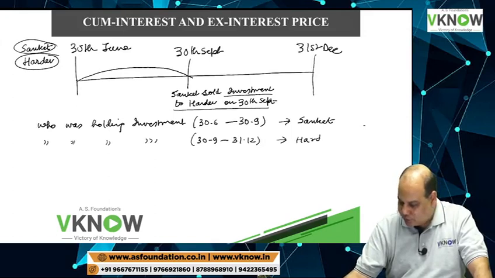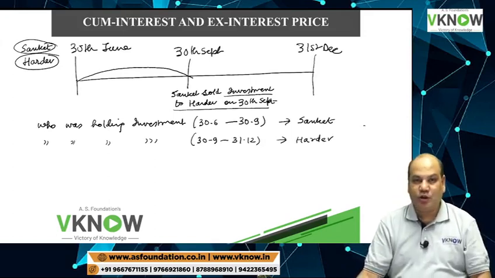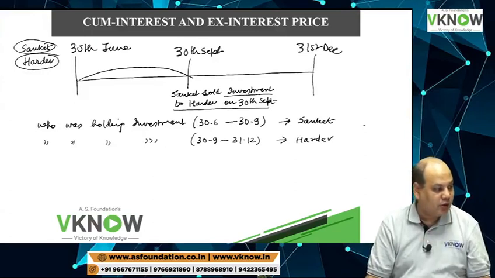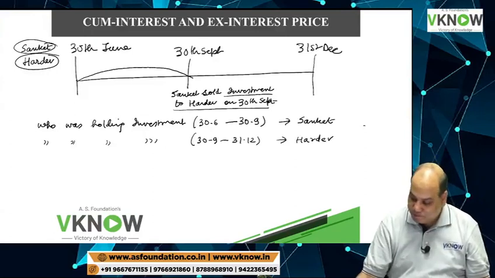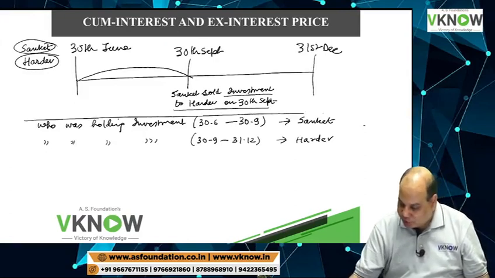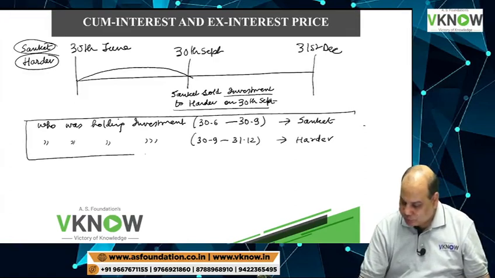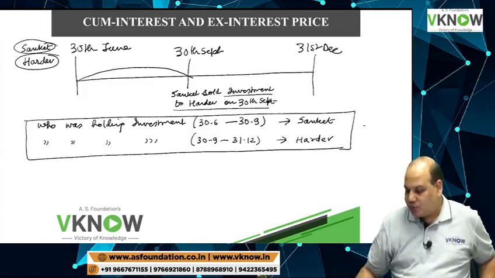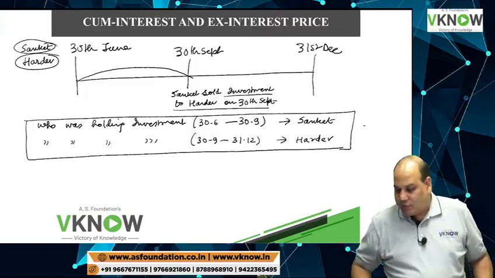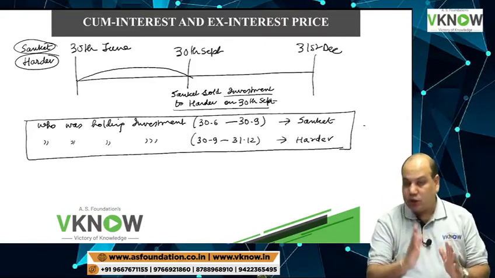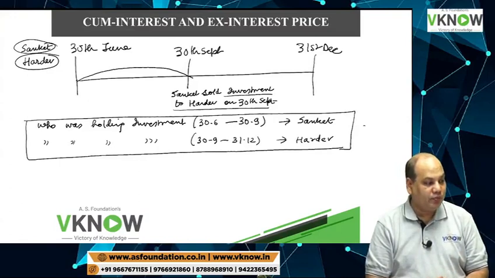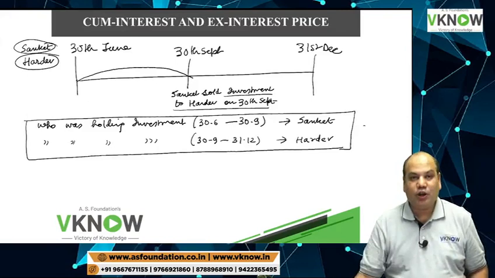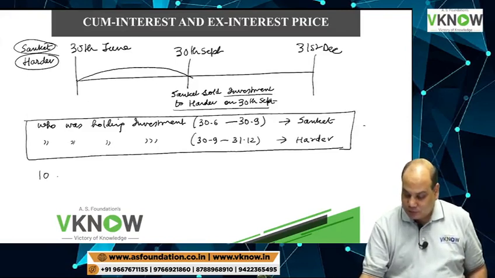So your answer will be Hardev, assuming Hardev has not further sold and is still holding the investment. Okay. These 2 points, have you understood? From 30th June to 30th September, Sanket was holding the investment, and from 30th September to 31st December, the investment was held by Hardev.